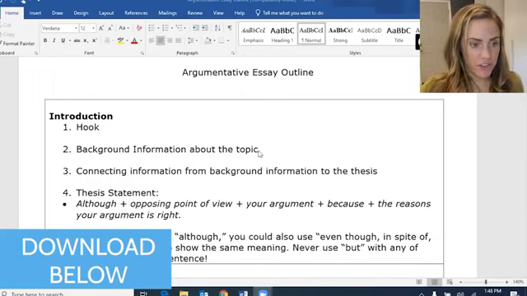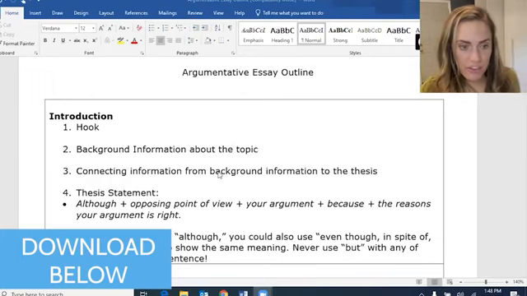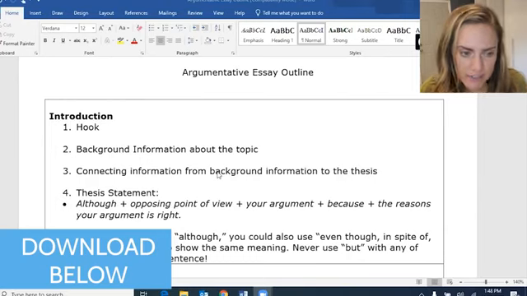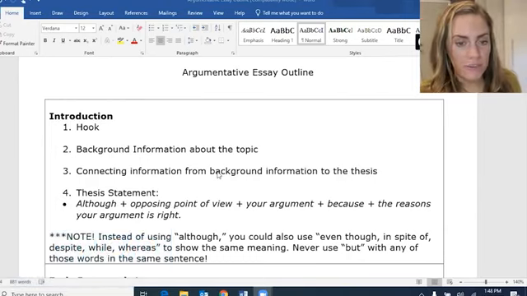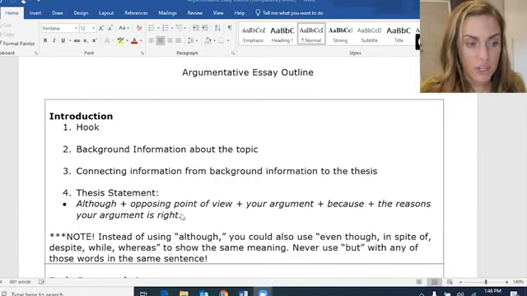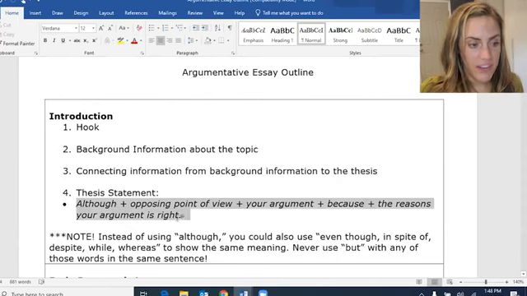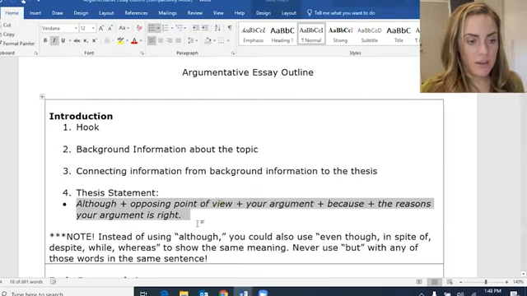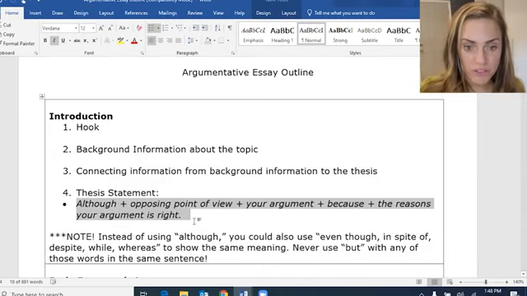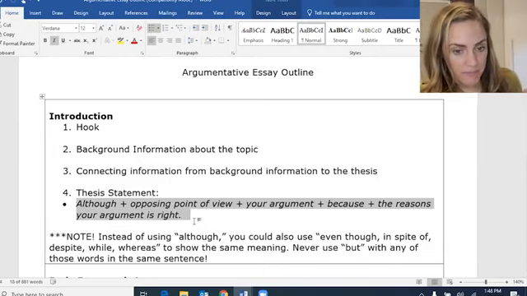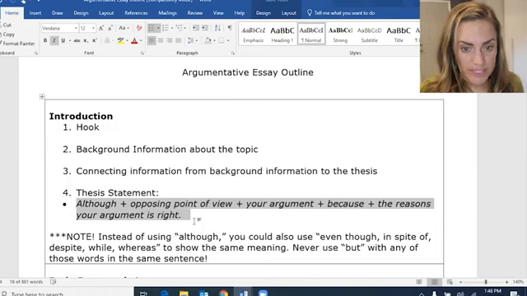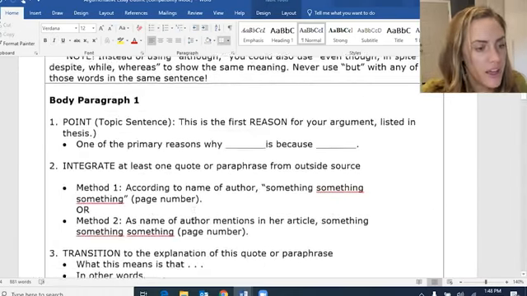Just make sure you have a hook, some background information about the topic, some connecting information, like even a transition word that connects that background information to the thesis, which is the last part of the intro paragraph. And then I give this template, something that looks like this: although, and then the opposing point of view, your argument, and the word because with reasons. I'm going to show an example of how this works actually, so don't worry.